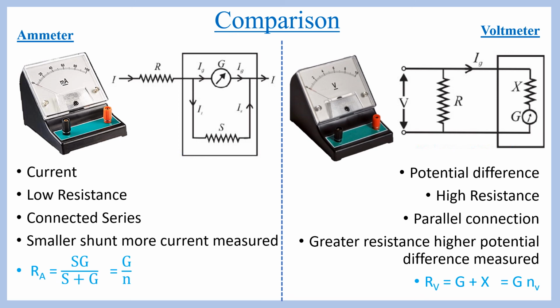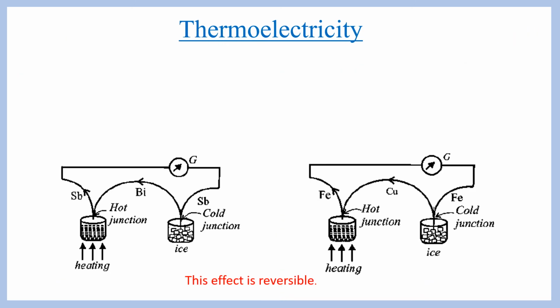Now the last topic is about thermoelectricity. It is found that when a current is passing through a resistor, some heat is generated. The reverse effect, that is, due to the presence of thermal energy, is it possible to produce electric current?